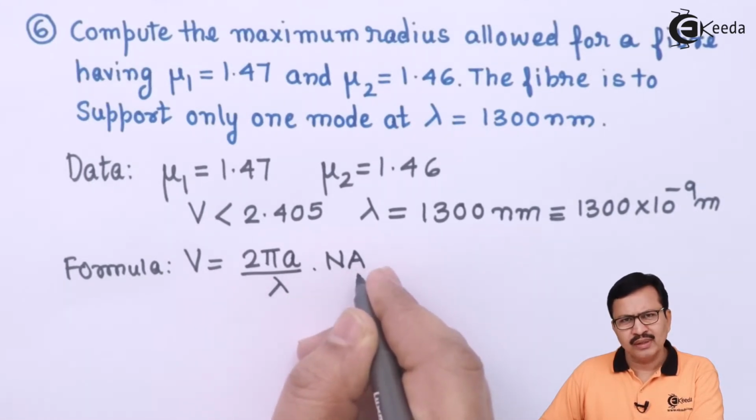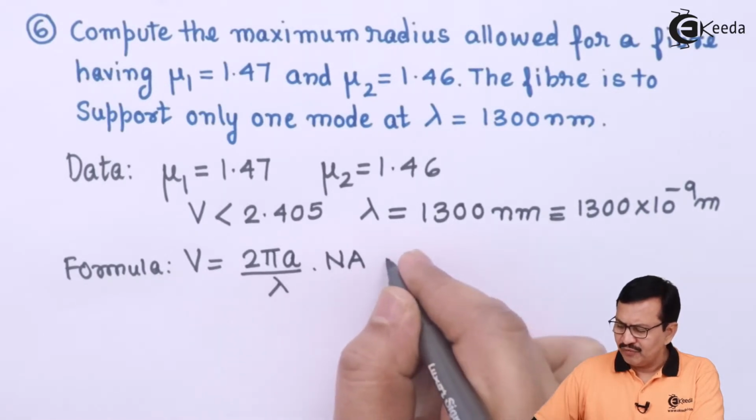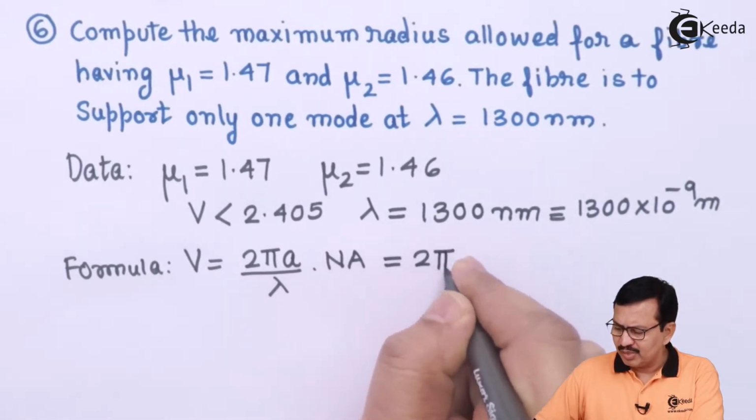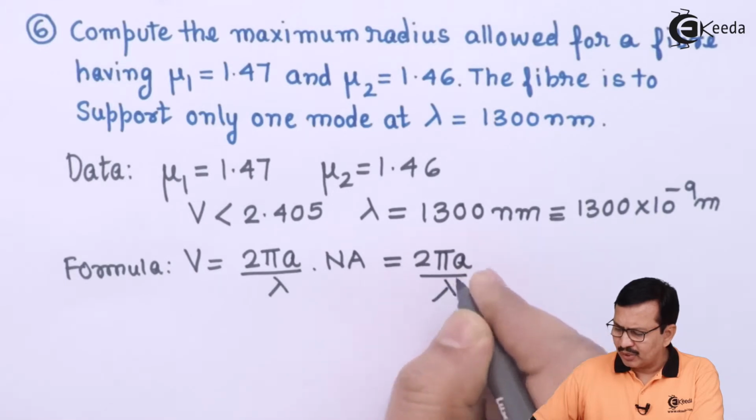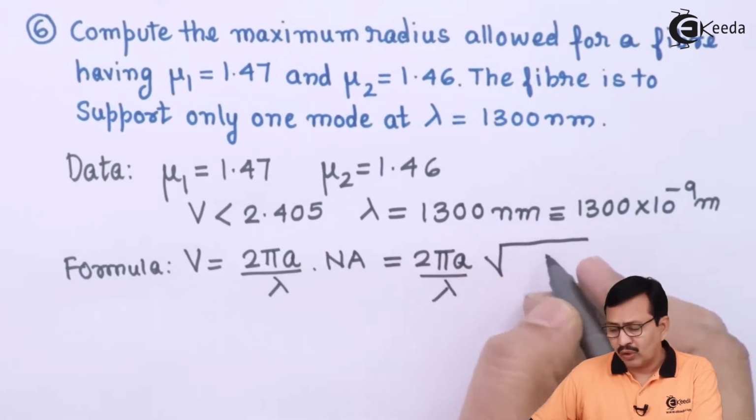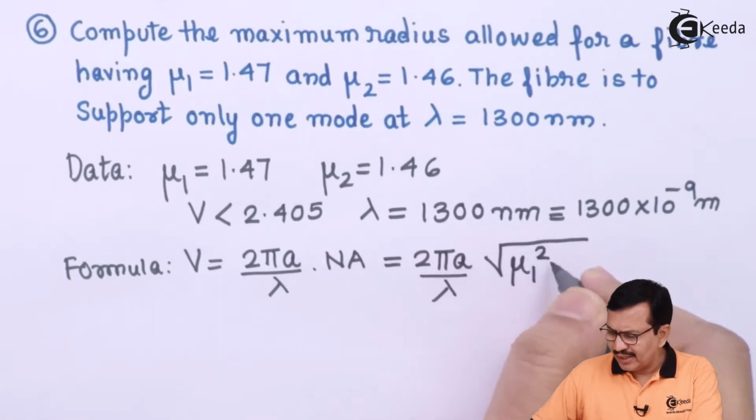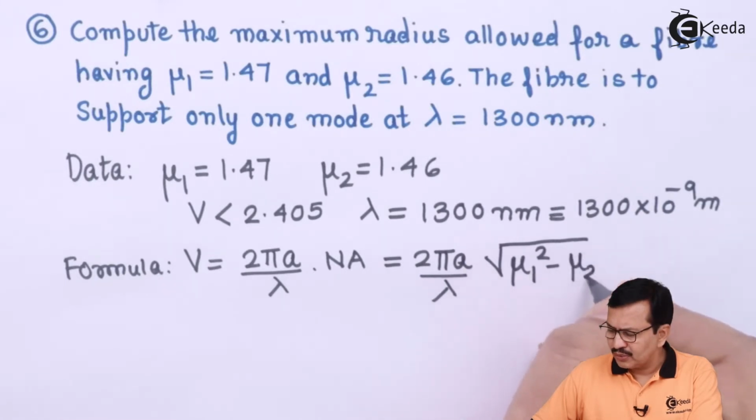NA, as you know, is the numerical aperture, which can be written in simplified form as 2 pi upon lambda into square root of mu1 square minus mu2 square.